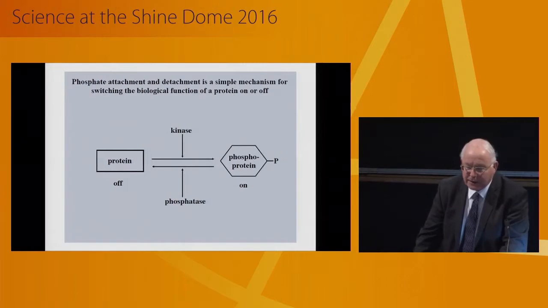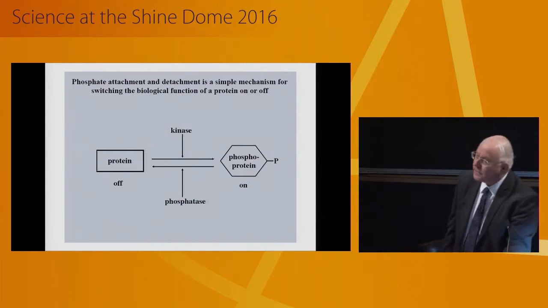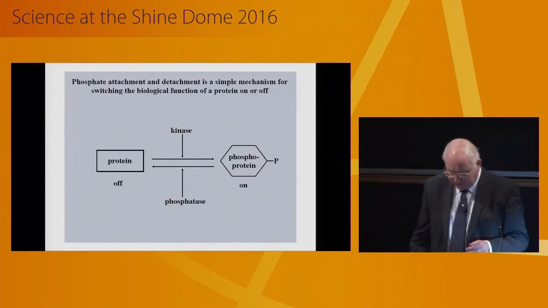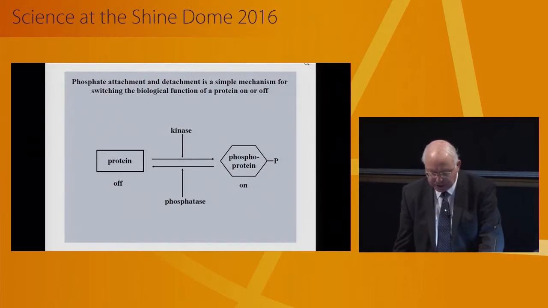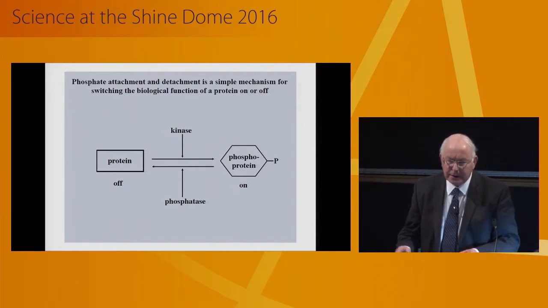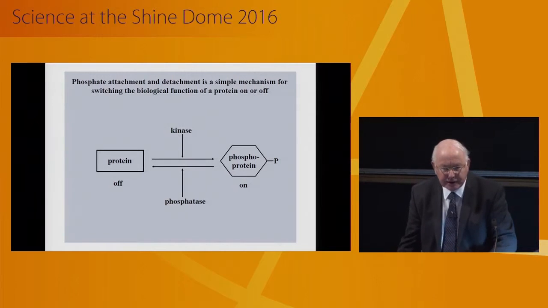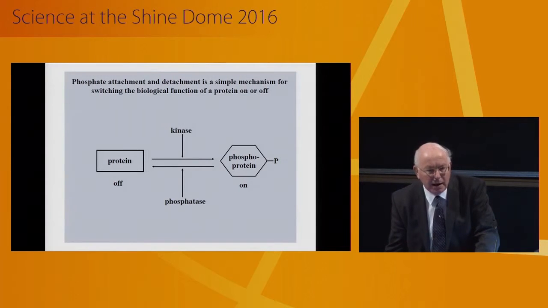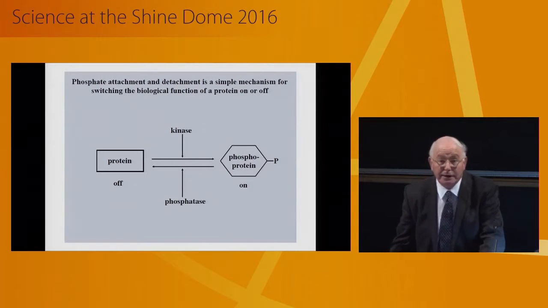a new mechanism of enzyme regulation in which phosphate becomes attached or detached from proteins. The attachment of phosphate is catalyzed by a class of enzymes called kinases and removed by another class of enzymes called phosphatases.